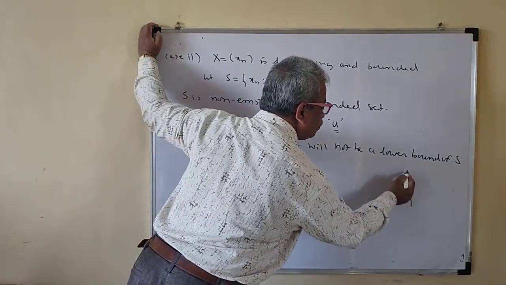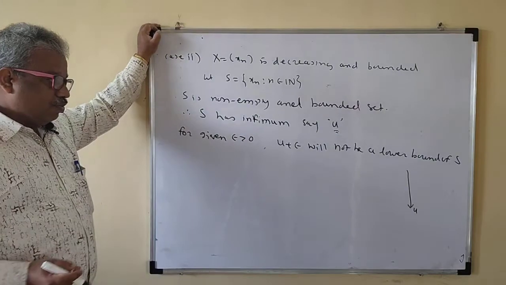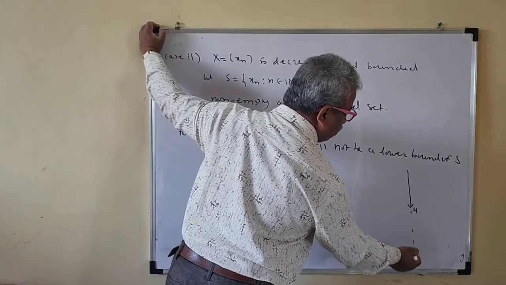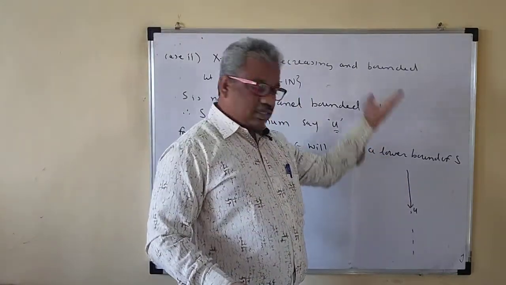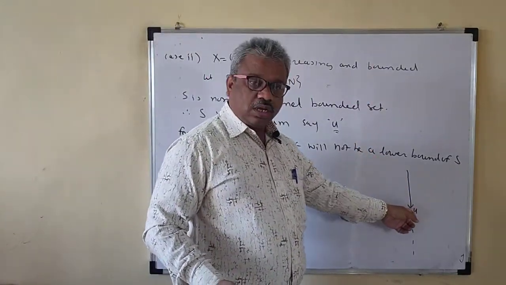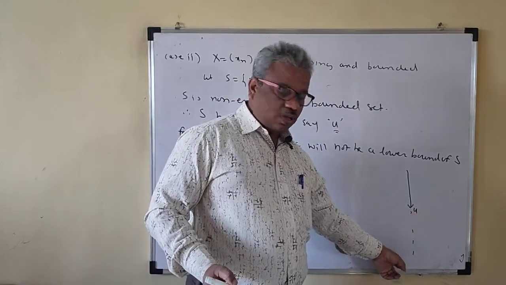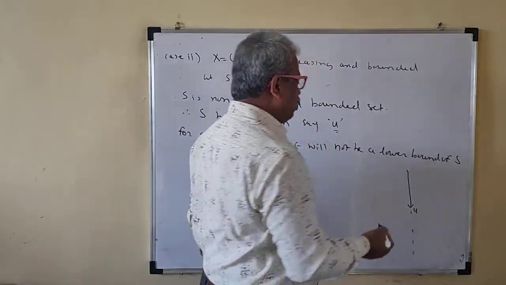See here. Okay. Now this is your U, right? And all the lower bounds are here, because all the numbers of S are greater than these numbers, and U is the greatest of all lower bounds. Okay, so now U plus epsilon is not a lower bound.